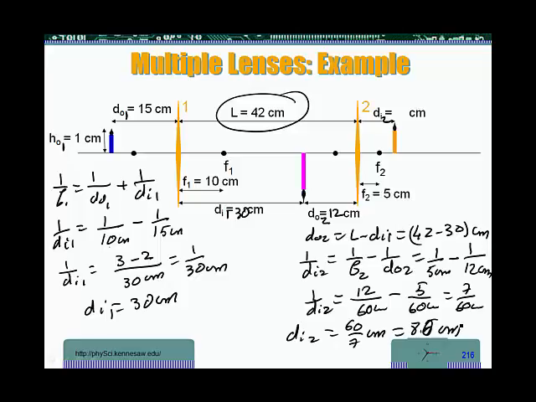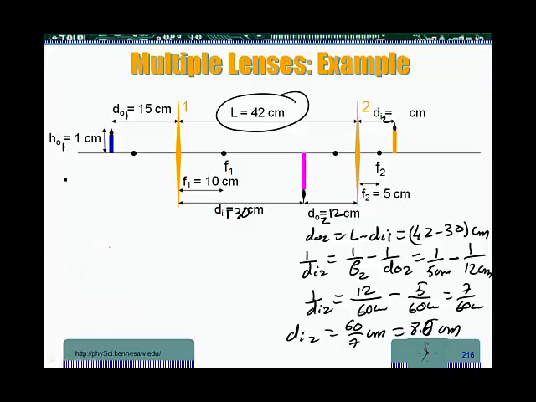Now what about the magnification, or what's the size of the final image? To do that, I'm going to erase some of this. The magnification, remember, is HI2, the final image height, over HO1, and that's equal to the magnification due to lens 1 times the magnification due to lens 2.